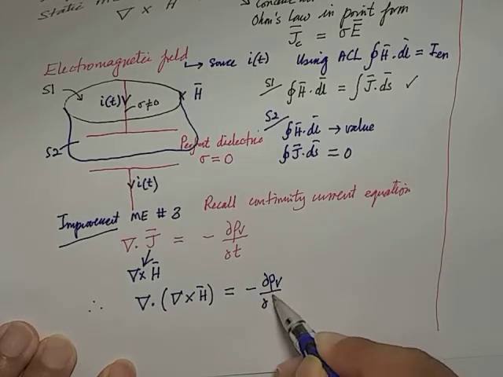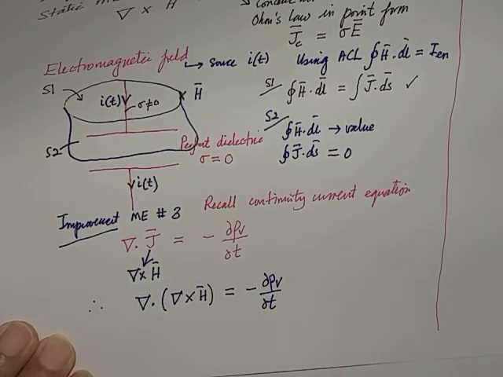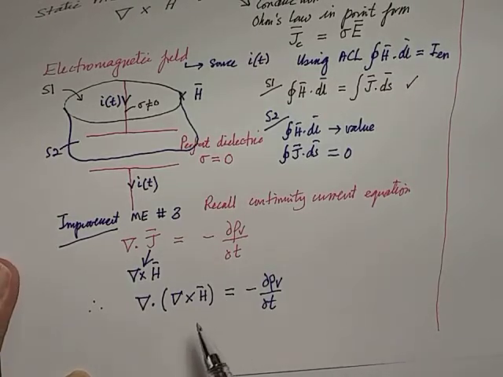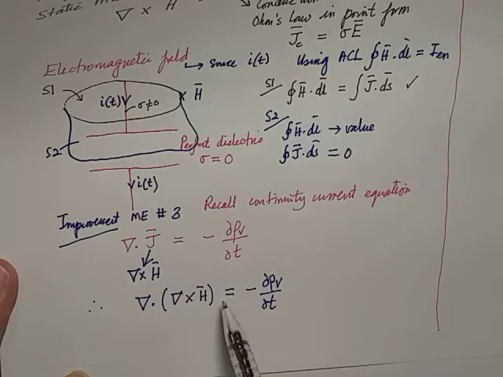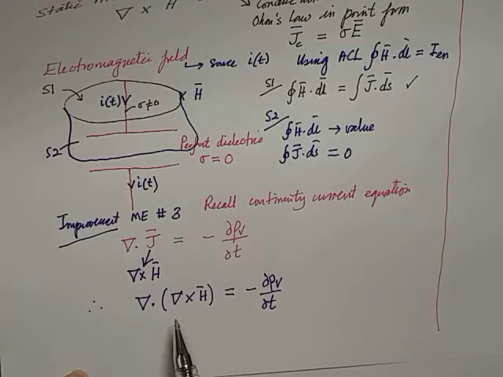So that's done. Then Maxwell analyzed the equation on the left hand side. What should be the solution to this equation? You have a del, you dot with the del, curl with the H. Del is a vector, H is a vector. Let's think of it in a simplistic way.